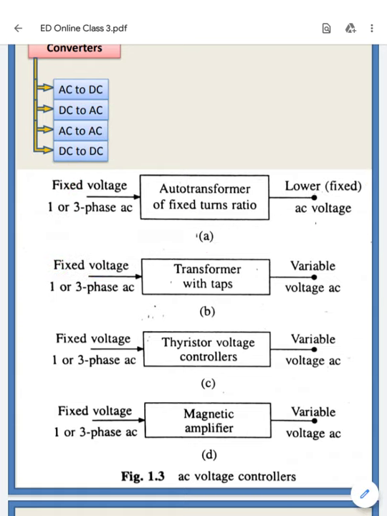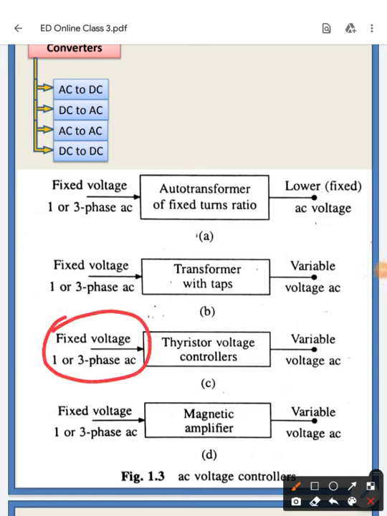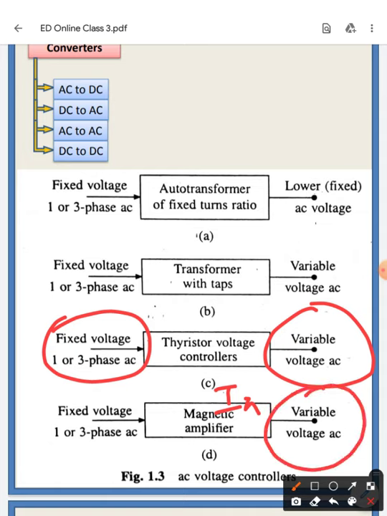Next part, by using this AC to AC conversion we can get a variable AC voltage from a fixed value of AC voltage. And the next part is the magnetic amplifier. In the magnetic amplifier also, by the induction process, you can get variable AC voltages. So all are coming under your AC to AC conversions.